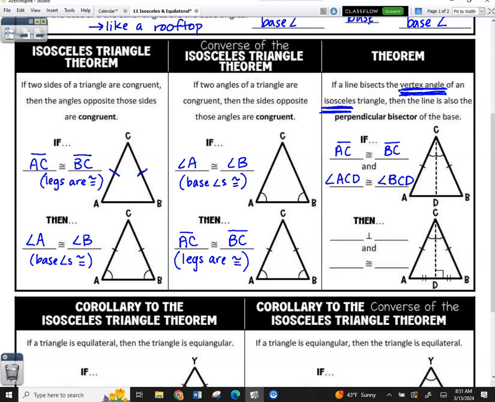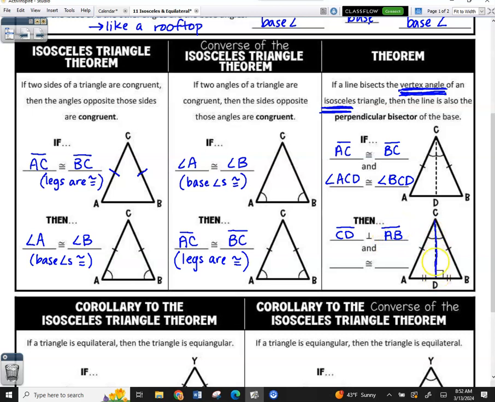So if we have an isosceles triangle, and at the top the vertex angle has been cut in half into 2 equal parts, then we know that line CD drops perpendicular to the base AB.